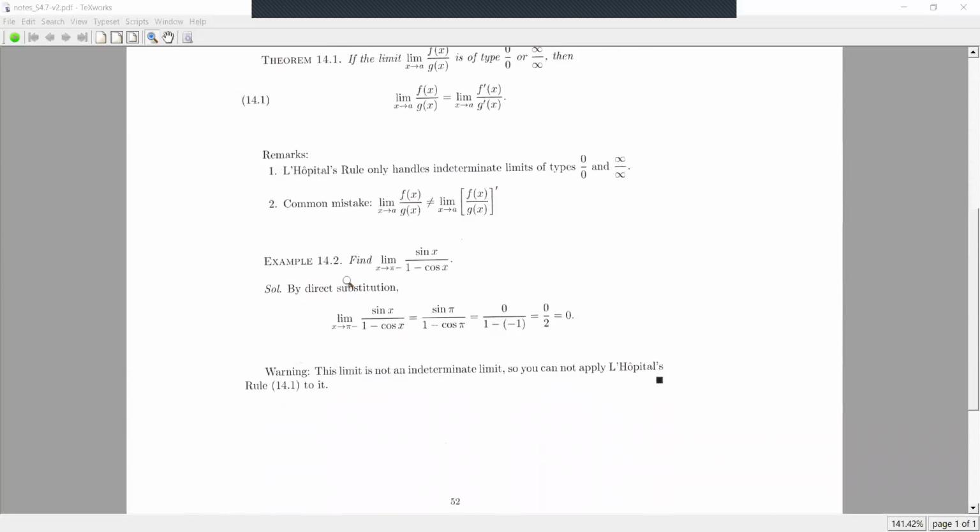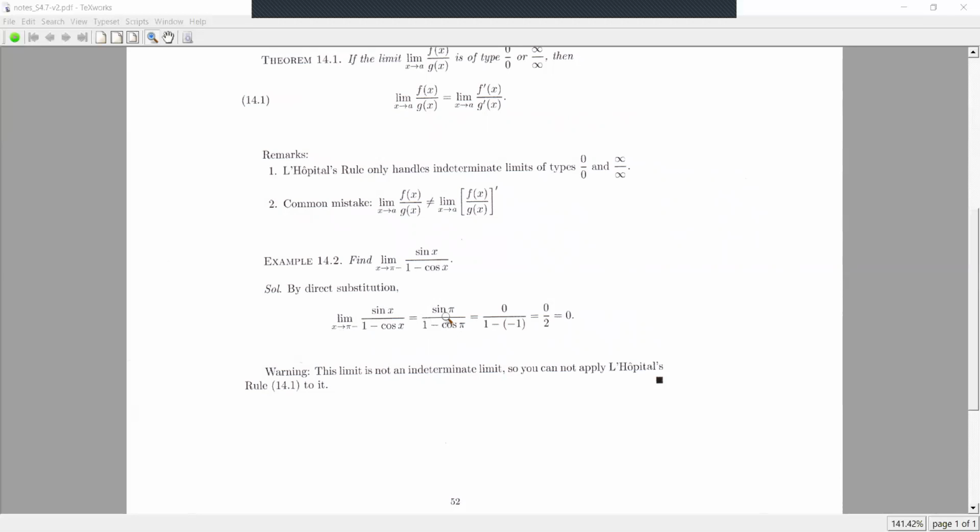Example 1, we have a quotient. We want to compute the limit as x approaches pi from the left-hand side. Now direct substitution, okay. Plug in pi for x, then we get this.